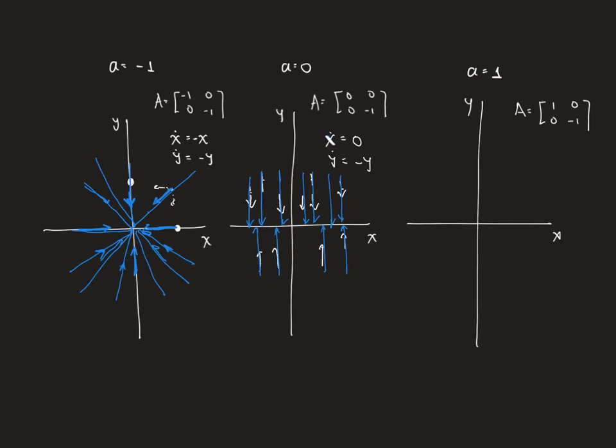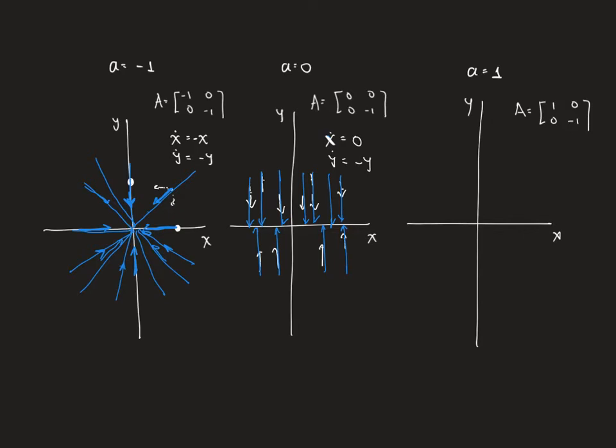Now let's think about something maybe we haven't mentioned. You can think of this as an attractor, because every single point in the domain will evolve following a trajectory that points to this origin, in this case always following straight lines. So this is one fixed point, which is an attractor.